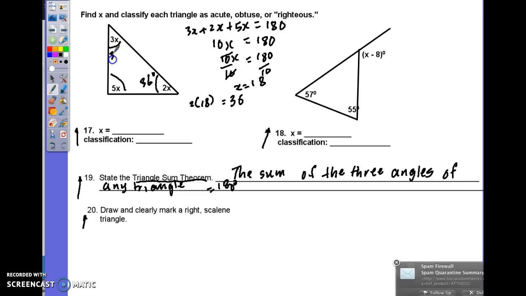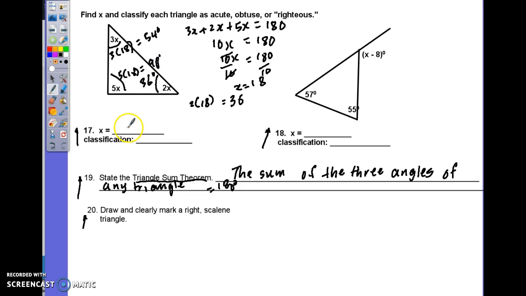For this one, we get 3 times 18. That would be 54. And then 5 times 18 for this one. That gives me 90. So x is 18. And this is a right triangle because it has one angle equal to 90 degrees.